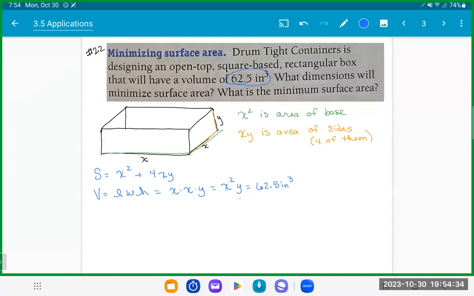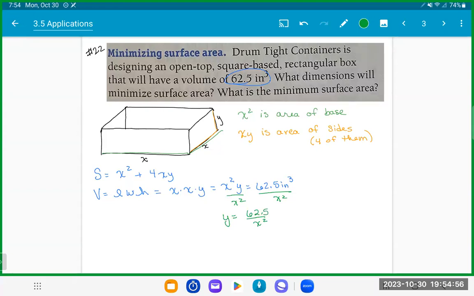Then we can just divide both sides by x squared. This gives us y is equal to 62.5 over x squared.